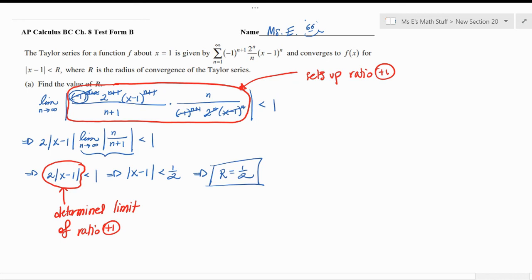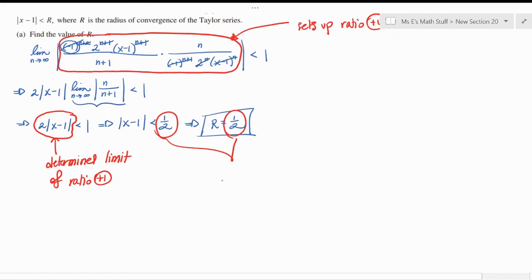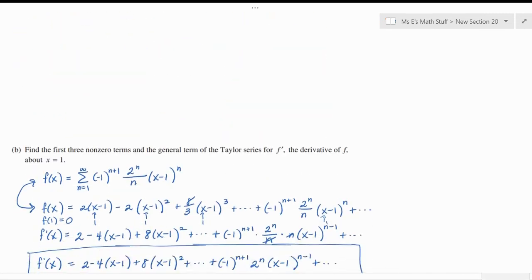And then the last thing would be getting the radius of convergence, which shows up here and here. There we go.